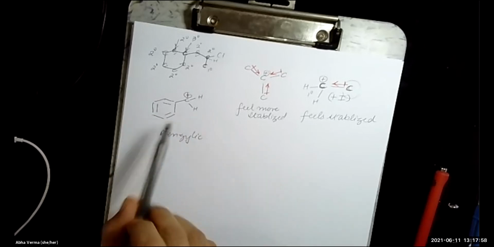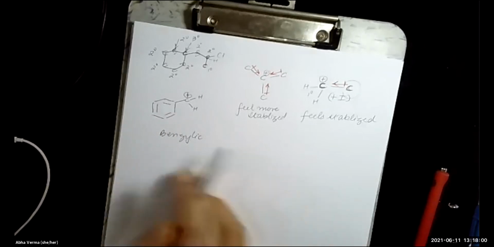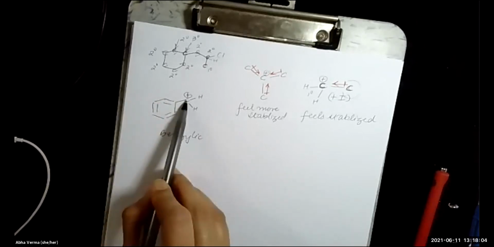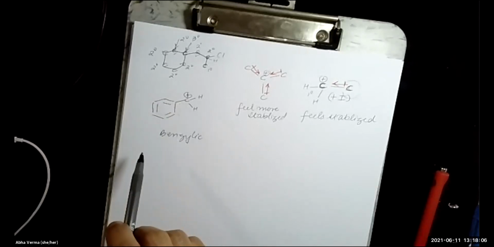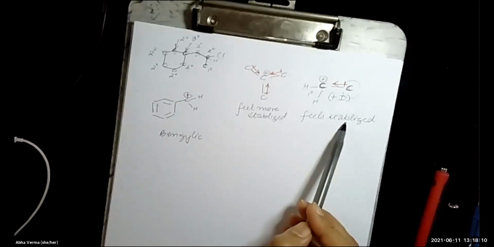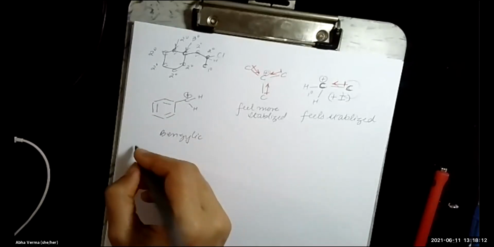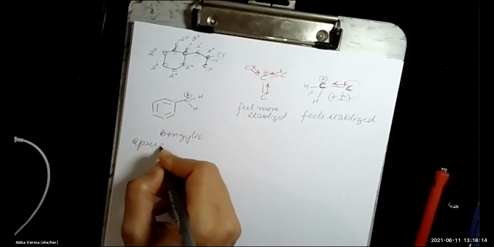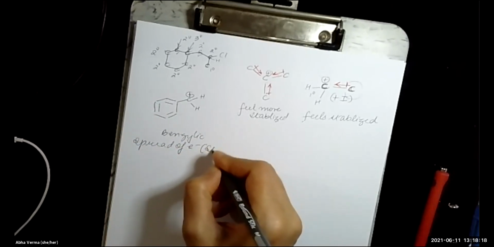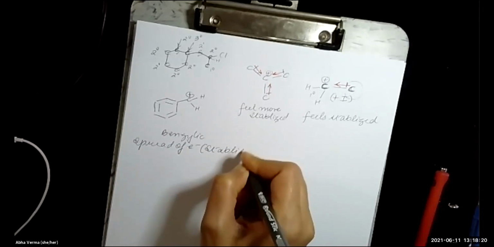Why is the benzylic the most stable? Yes, there is this alkyl group, so probably only one-sided plus I effect, but not just that. When we talk about stability, we always talk about the spread of electrons. That is what equates stability.